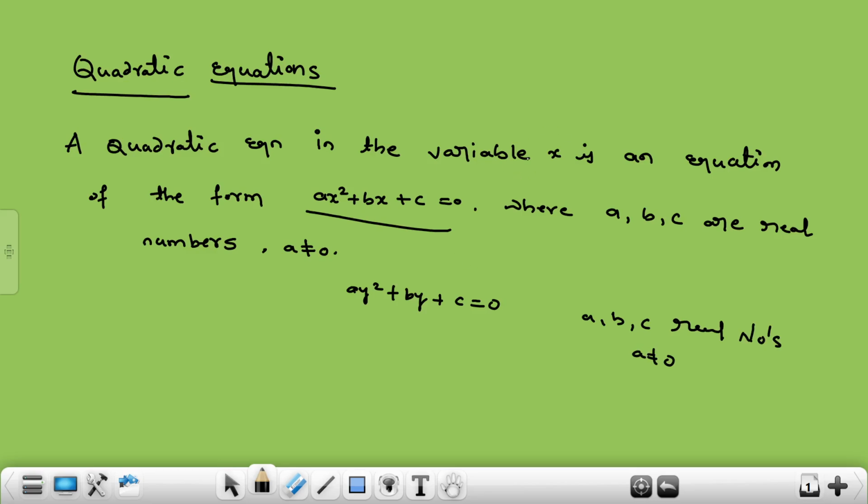Instead of this variable x, we used variable y here. Then the standard form will look like this. Instead of y, if we use the variable z, then the quadratic equation will look like az square plus bz plus c equals 0, where a, b, c are real numbers and a is not equal to 0.